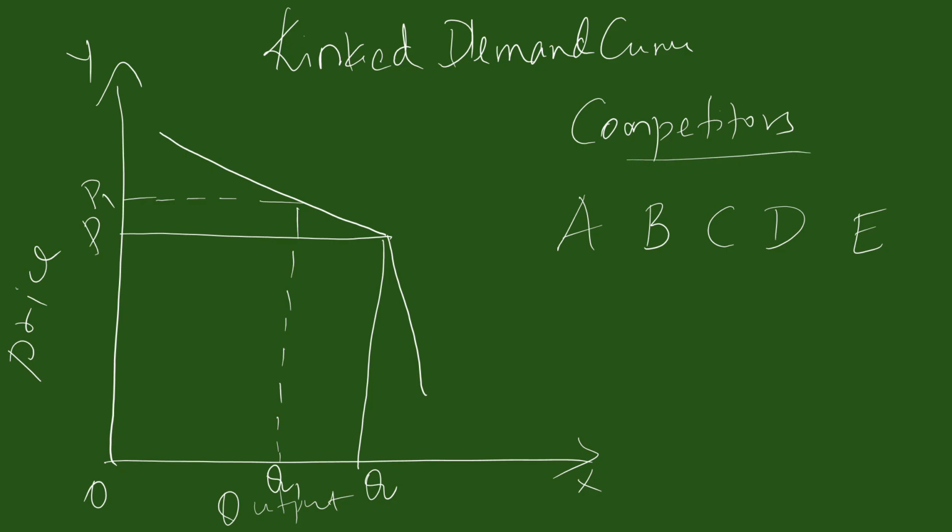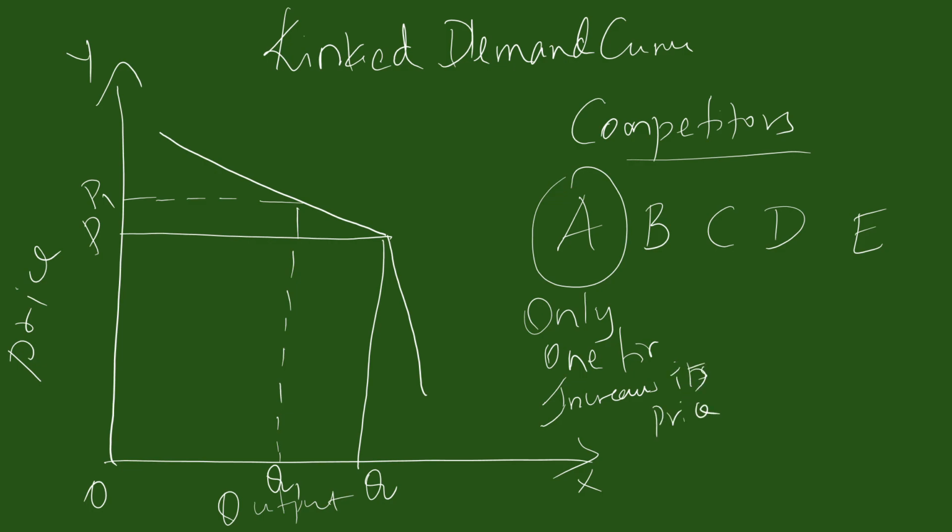Now there is one case where only one firm increases its price. The other firms B, C, D, E are not increasing their price, and the price is the same.